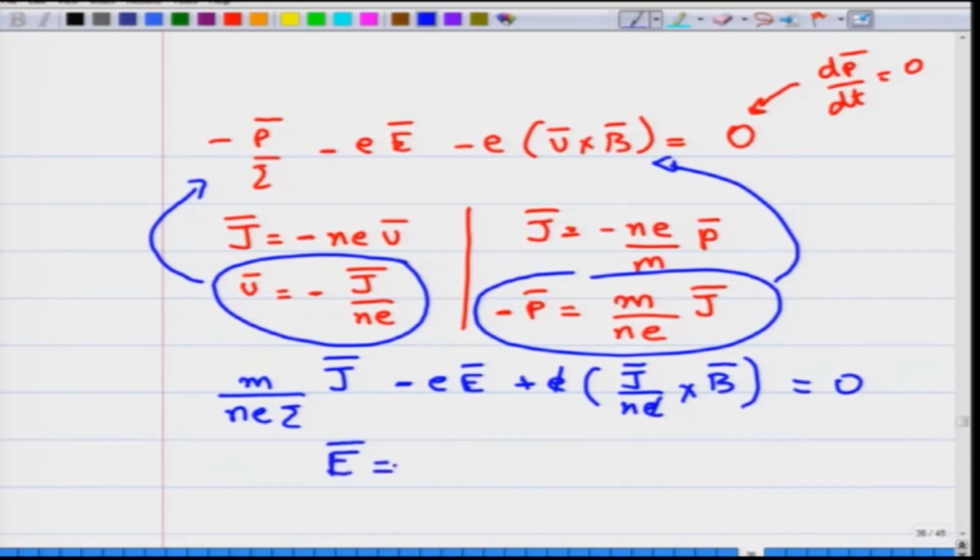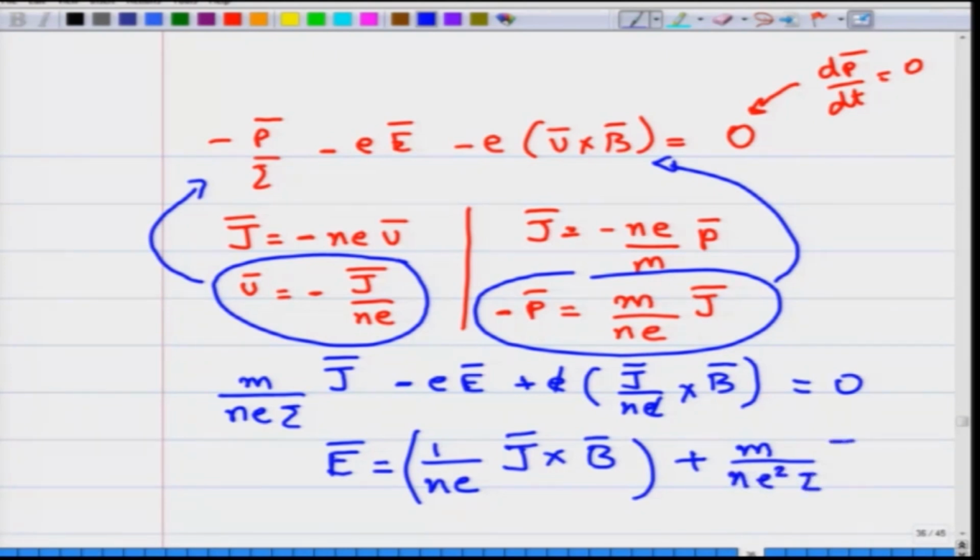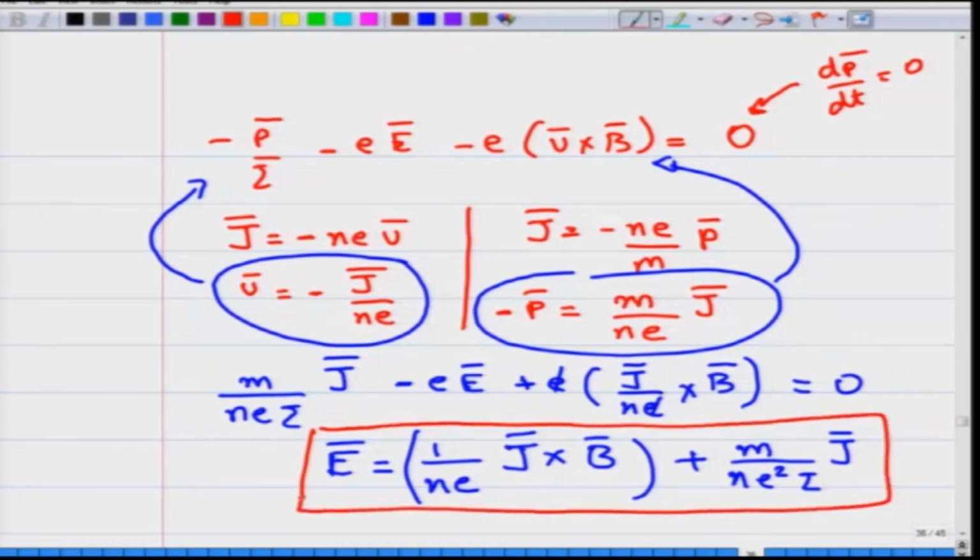You will see that the electric field can be written as 1 over Ne times J cross B, which is basically this term, and there is another expression along with it, which is m divided by Ne square tau into J. I have just readjusted this equation so that I have taken this term on this side and then I have divided it by E so that I get electric field, and when you do that you get these two positive terms, which is this and this, and so you land up with this expression, which is this.